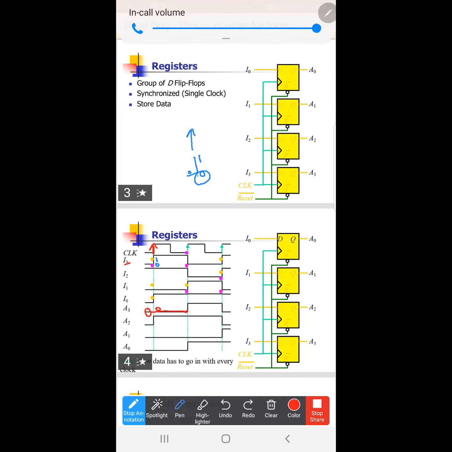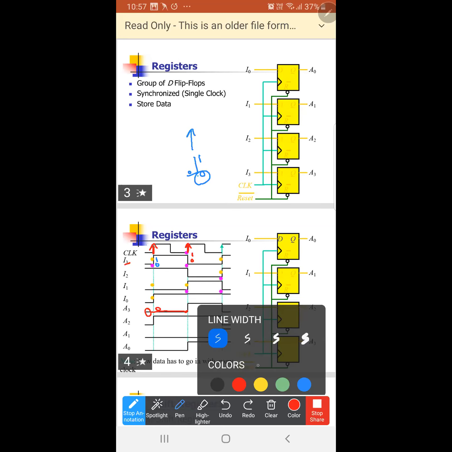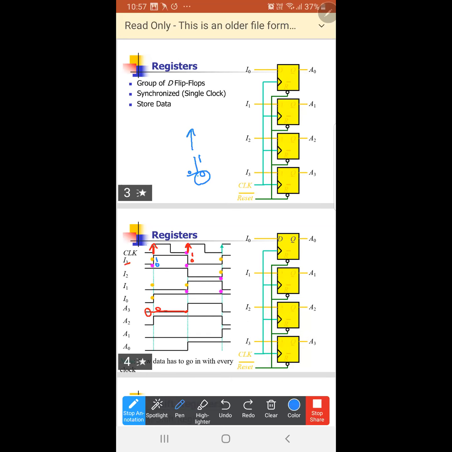Okay. Now again it is time to change the result. This is the edge of the clock, and now check the value of I3. I3 is 1 first and then 0. So which value will you choose now? 1.